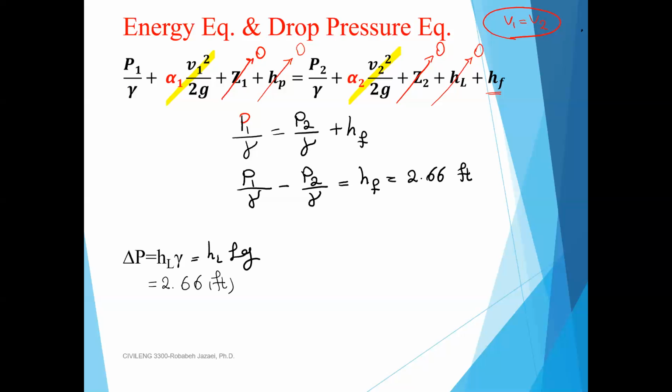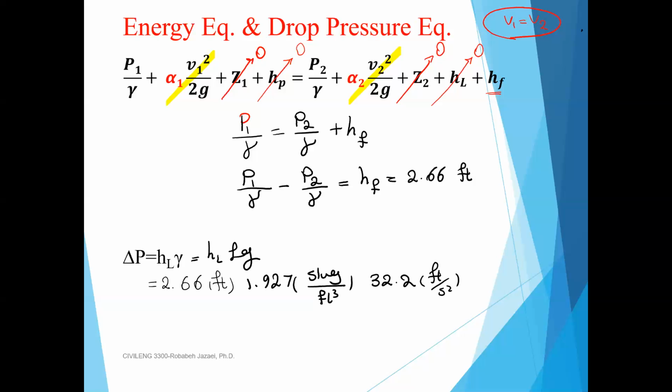They are the same equation. So what is the density? It's 1.927 slug per cubic feet. We just found it from the back of textbook, from the table. What is gravity? It's 32.2 feet per second squared.